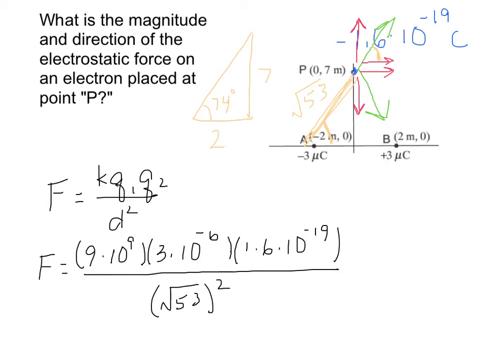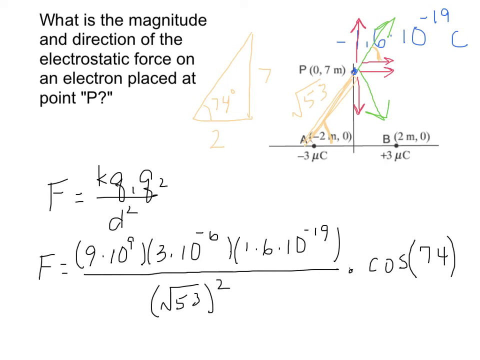So what I want to do is find that horizontal component, or the adding component, by incorporating the cosine of 74 degrees. Another shortcut you might see occasionally is, instead of actually going to the trouble of getting that angle 74 degrees, you can just use what that cosine of 74 is equal to.